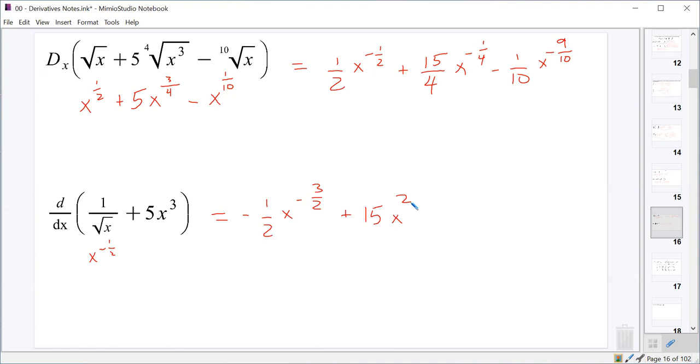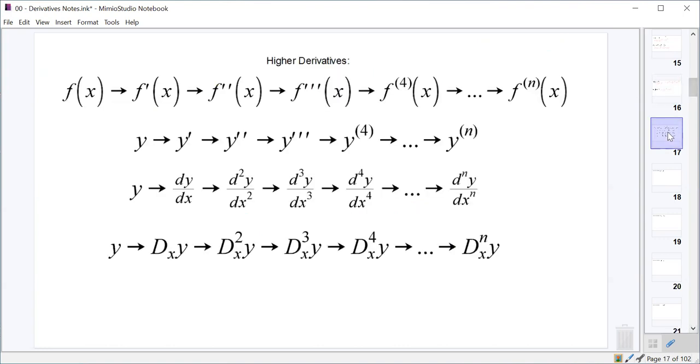That's not all there is to the power rule. What we do need to know is that sometimes we'll be asked to apply the power rule multiple times to find what we call higher derivatives, or higher order derivatives. And these are the notations that you should know, 4 different notation types for the derivative. So if my function is f of x, the derivative is f prime.